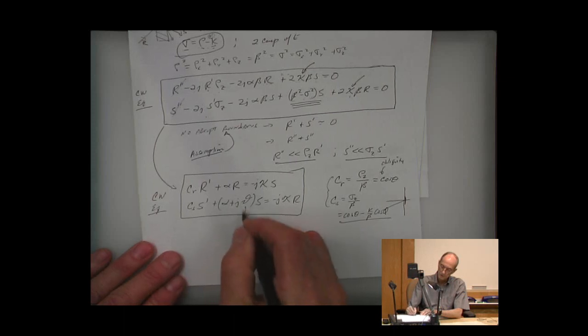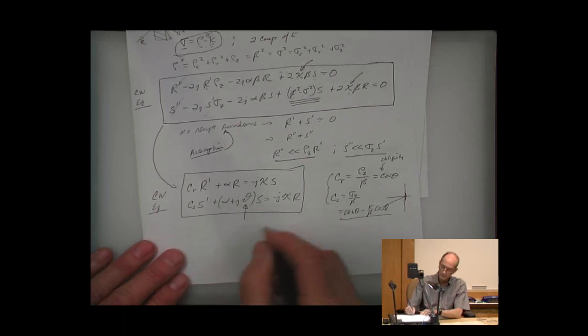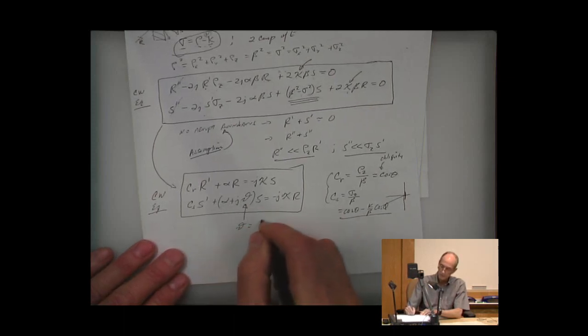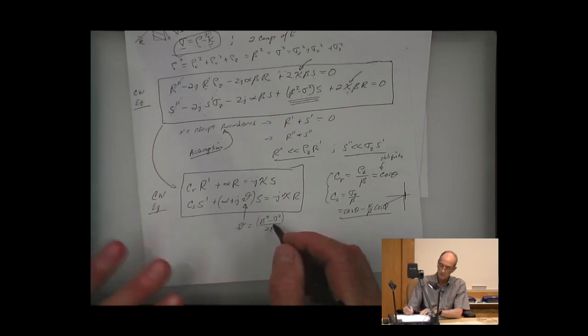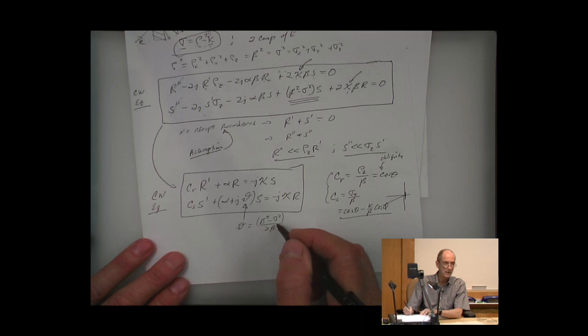Again, this detuning parameter that we have here is equal to beta squared minus sigma squared over 2 beta. And again, this represents sigma can be 0, or this detuning parameter can be 0. And it's 0 actually when we're at the Bragg condition.